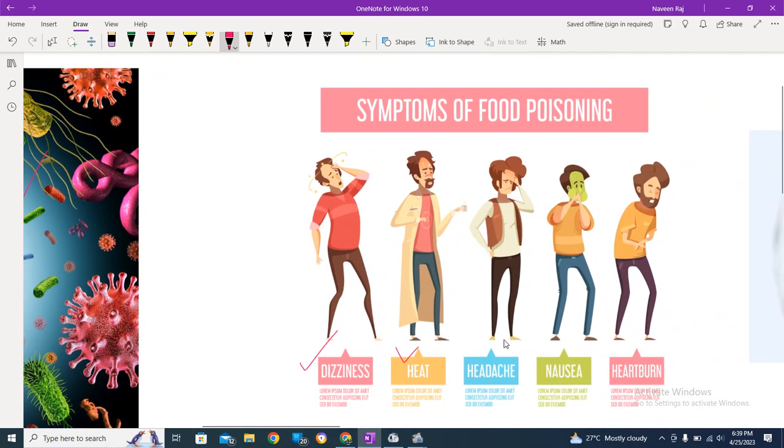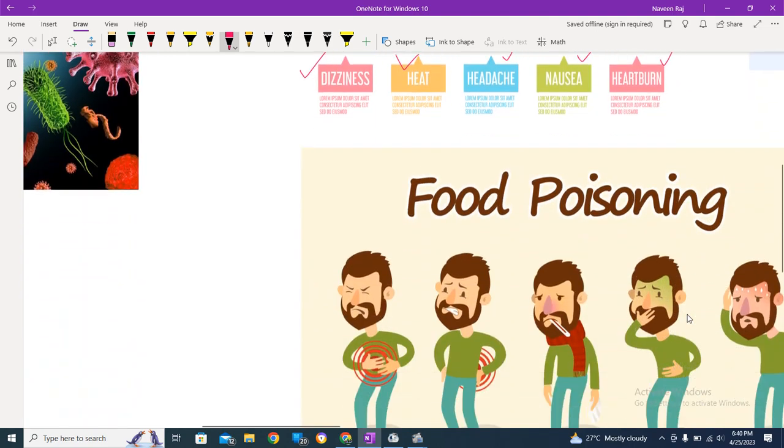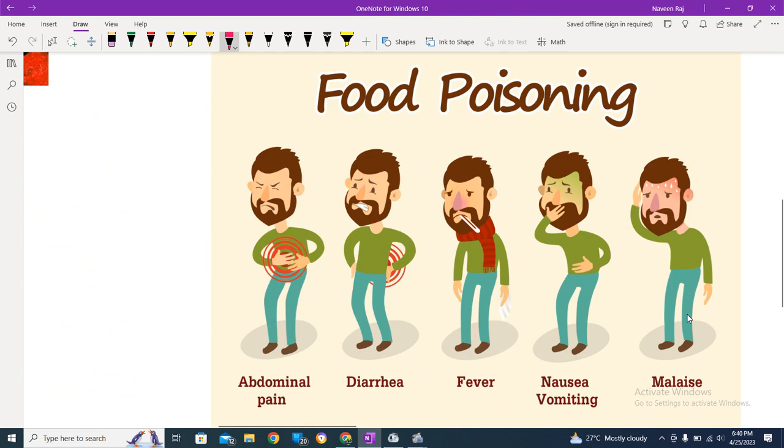And as I said before, the headache, the nausea, you will feel like heartburn as well. You will feel like you are about to vomit. Other food poisoning symptoms may include abdominal pain, diarrhea as we mentioned, fever may also occur, and nausea, vomiting, and malaise.